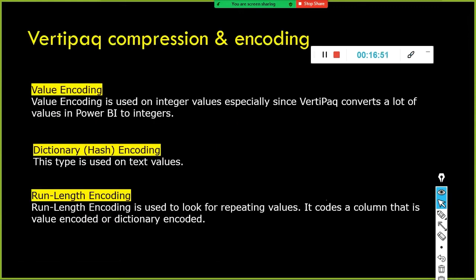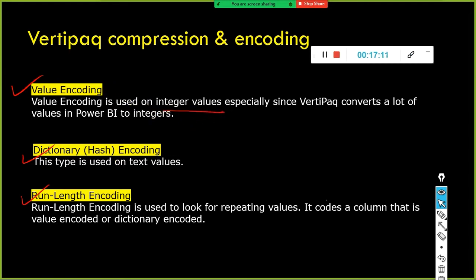So what techniques does the xVelocity engine use to compress the data? There are three different techniques. One is value encoding, the other is dictionary encoding, and the third is run length encoding. Value encoding is done only for integer values.